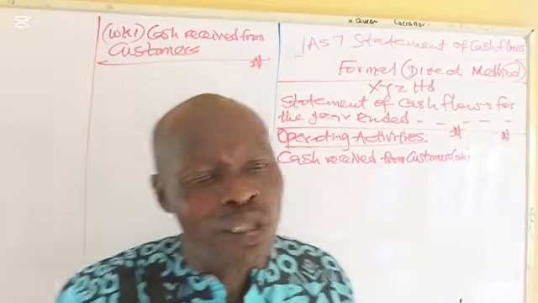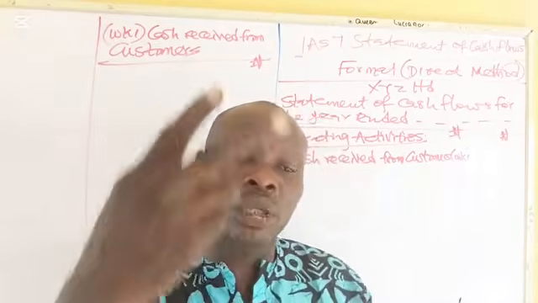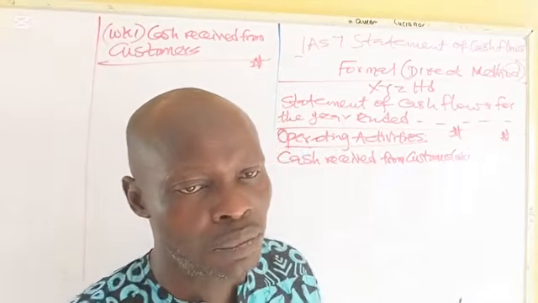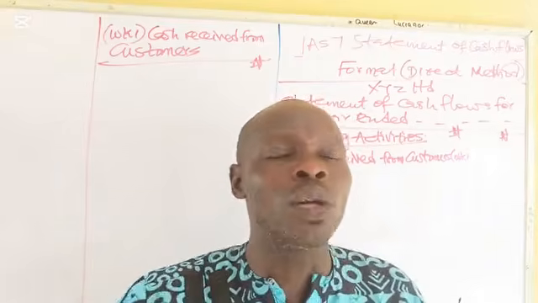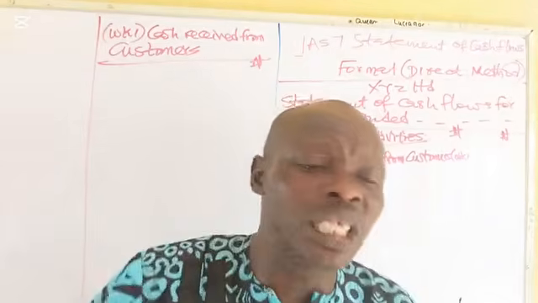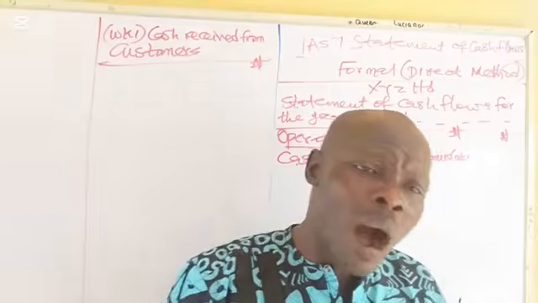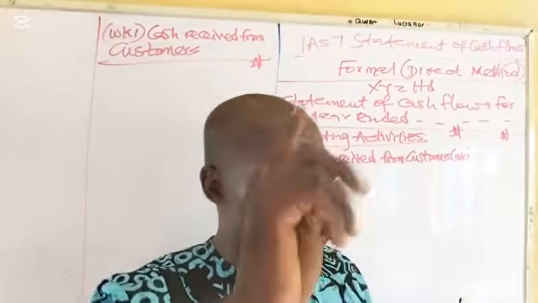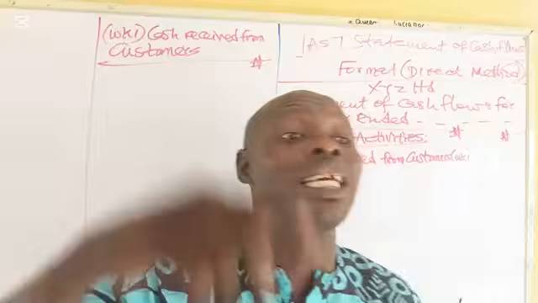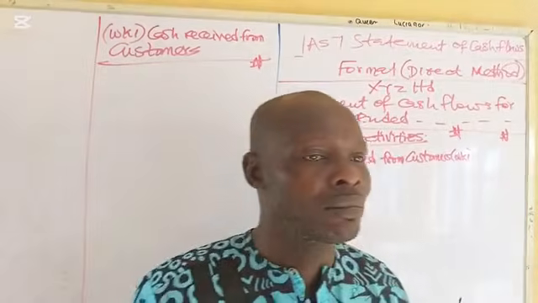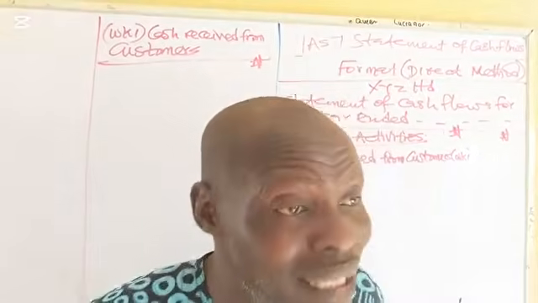For the purpose of statement of cash flows preparation, you'll be given two statements of financial position. The reason for that is for you to be able to know the opening and closing balances. And the minimum statement of profit or loss is one. But the examiner might give you statement of profit or loss for the comparative year.